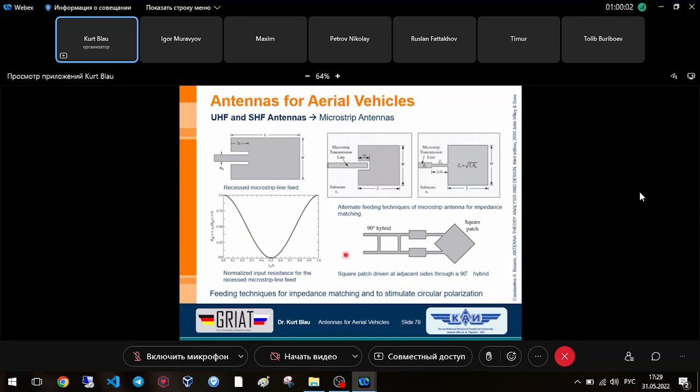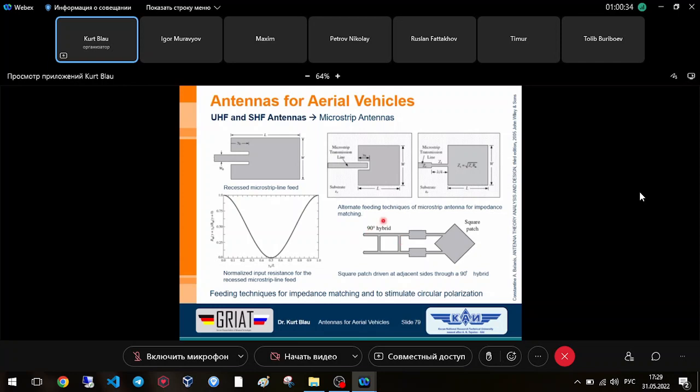It's also an element made from microstrip lines. And here you have the driven edges. And also here you can see this transformer. This transformer together with this point and this point transforms the impedance from the edge to 50 ohm at the output of this hybrid.